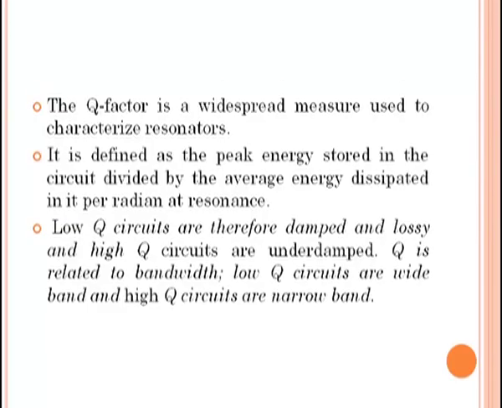Low quality factor circuits are damped, lossy circuits, and high quality factor circuits are underdamped. Q is related to bandwidth: low Q circuits are wide band and high Q circuits are narrow band.